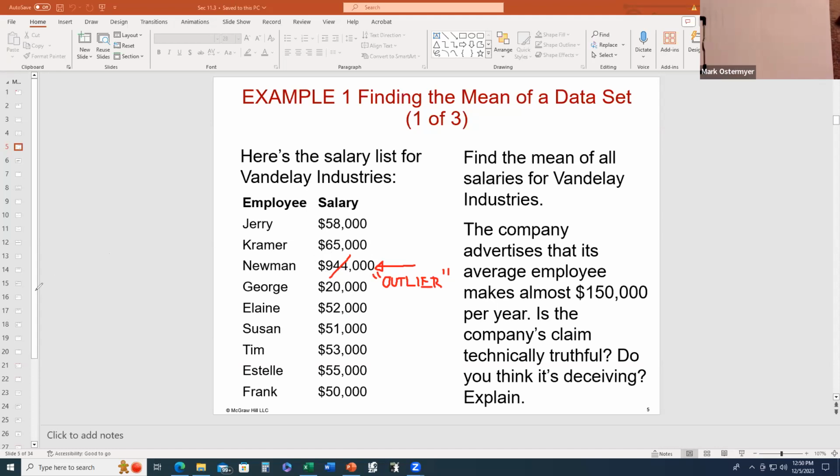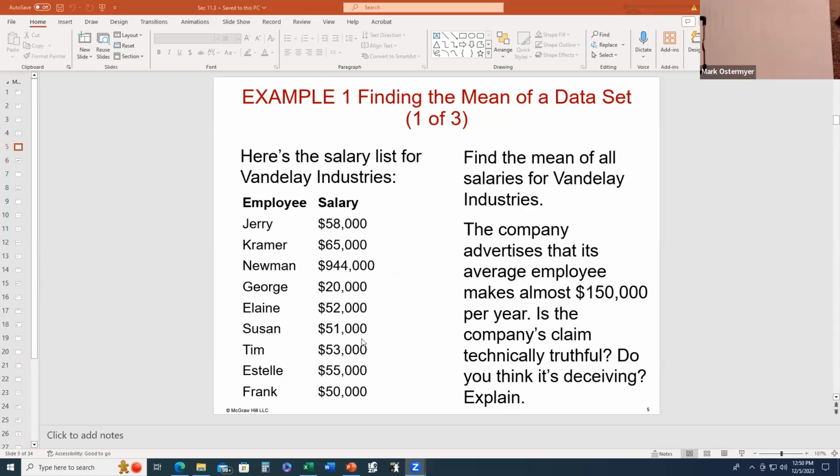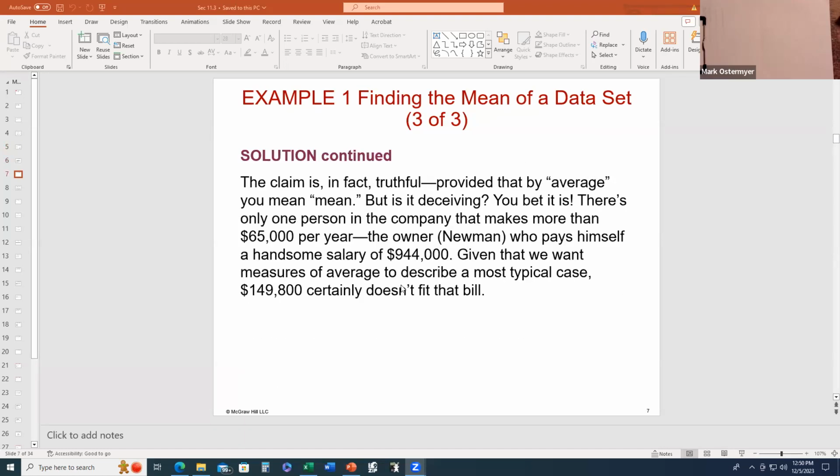So that outlier is throwing things off big time for the mean's ability to determine the middle of this data set. But nonetheless, it is a salary amidst all the other salaries of our employees. It really just doesn't look like it fits here at all.